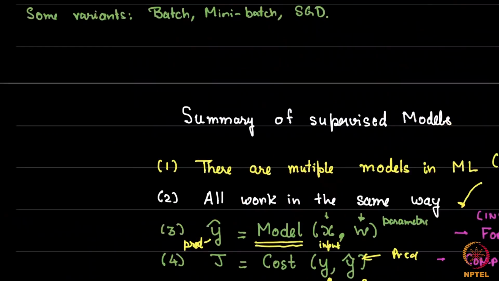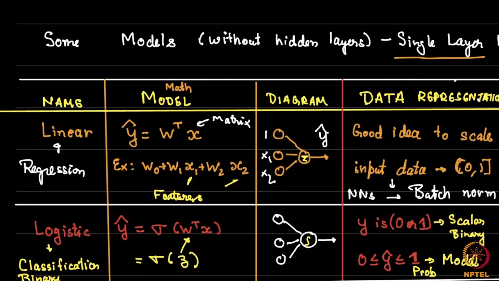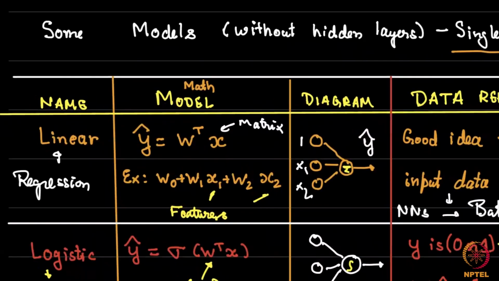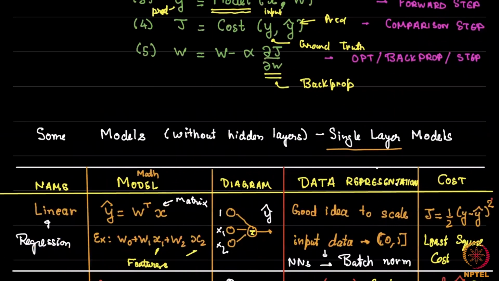So the simplest model we looked at of this form is the linear regression step. What was the model? Y hat is W transpose X. Okay. So this X can actually be a matrix, as I have shown later. For example, your X could have X1 and X2.